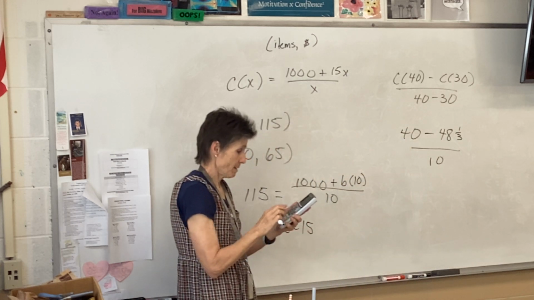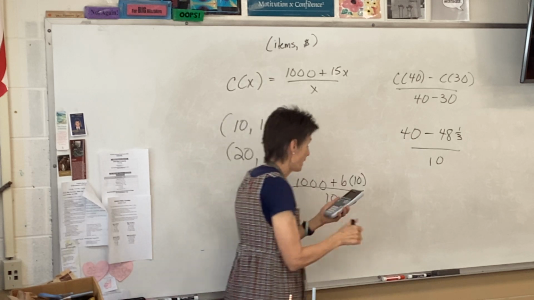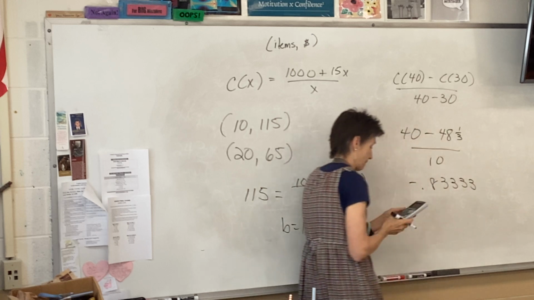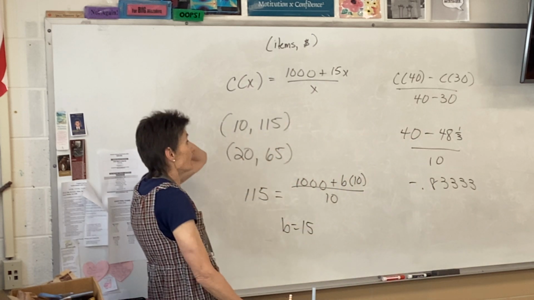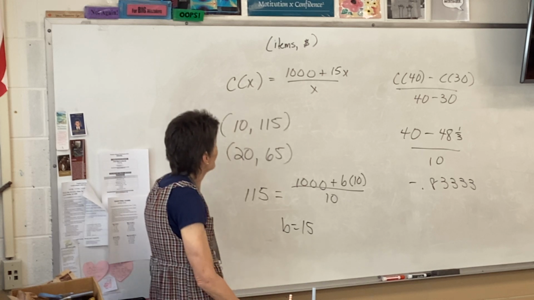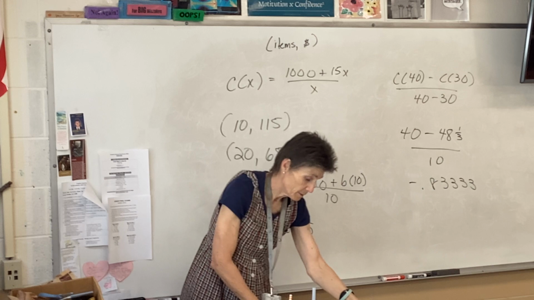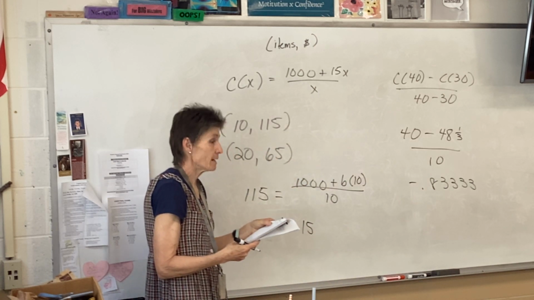So 40 minus that answer divided by 10. I got negative 0.833333. And that would be answer A.